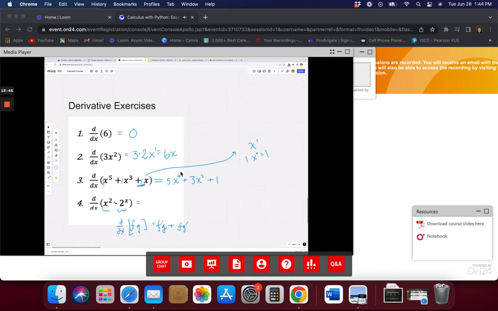So first we can take the derivative of x squared, which we see is just 2x. So we have 2x times 2 to the x, since we leave g intact, plus now we leave our f intact, so we have x squared. For sanity, I'm going to add in some parentheses.